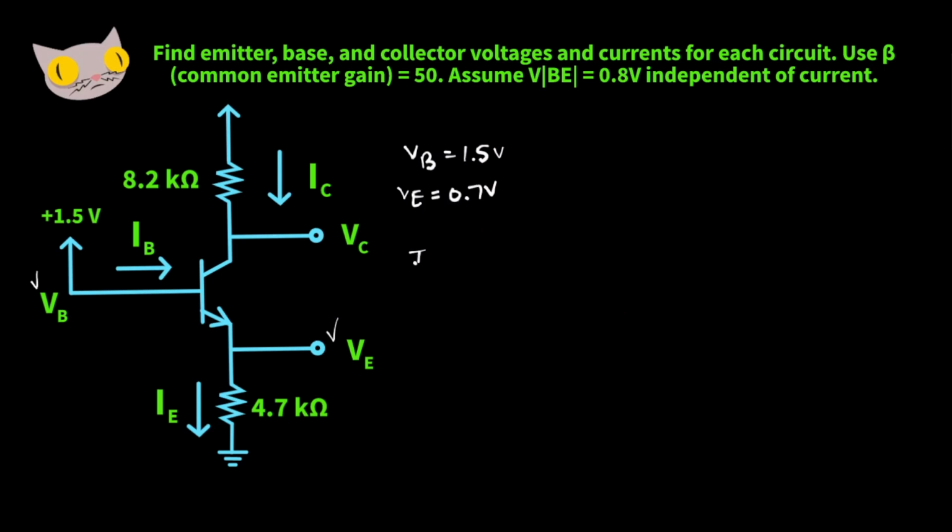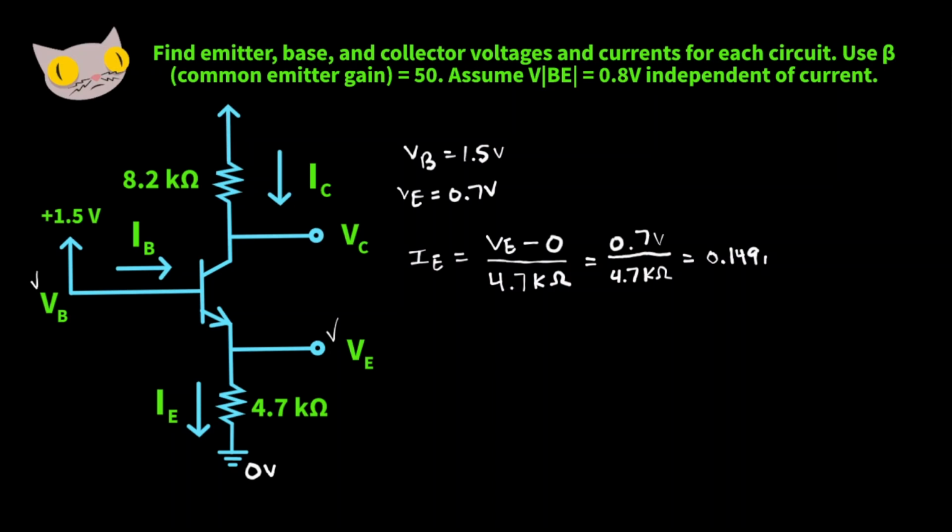Now let's find the emitter current. For the emitter current, we're going to need the emitter voltage minus 0, and we just put that there because this is connected to ground, which gives us 0 volts, and that's going to be over this 4.7K resistor. That's going to give us a value of 0.149 milliamps.